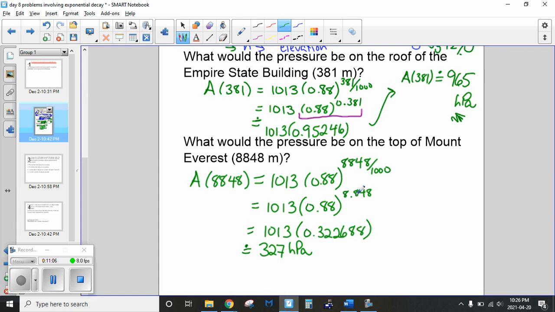Okay, so I was able to catch a mistake in my own work here. I had forgotten to divide by 1,000. So my exponent was huge. So this was multiplying a decimal by itself almost 10,000 times. And the calculator was saying, hey, that number is so tiny, I don't know what to do.